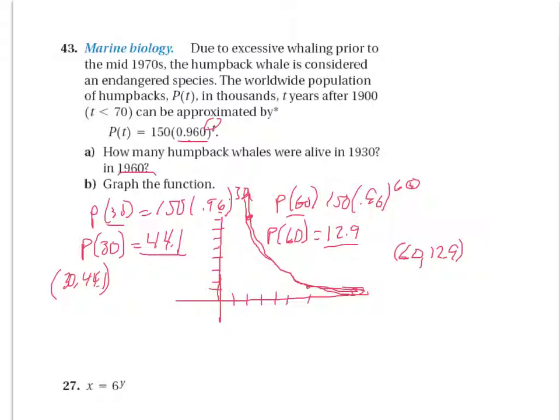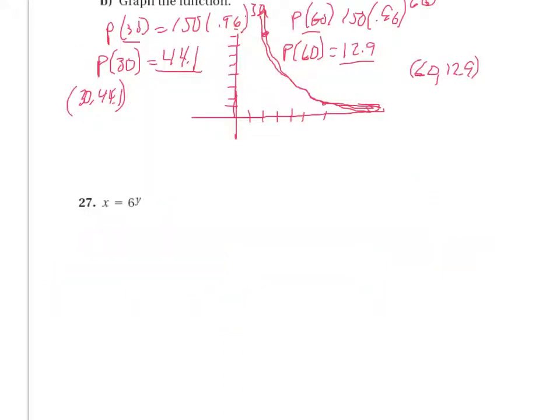Each horizontal tick mark is 10 years since 1900, and every vertical tick mark is 5,000. Does that make a little more sense?